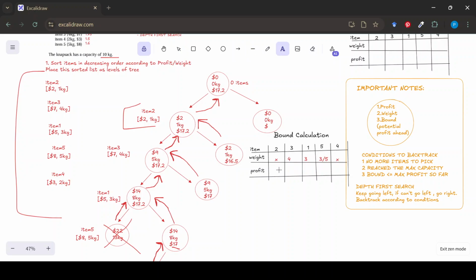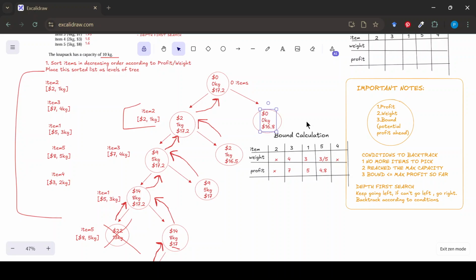Now if I calculate the profits, I don't consider item 2. For item 3, it will be 7. For item 1, it will be 5. And for item 5 it will be 4.8. Now if I add up these numbers, my bound will come to 16.8.